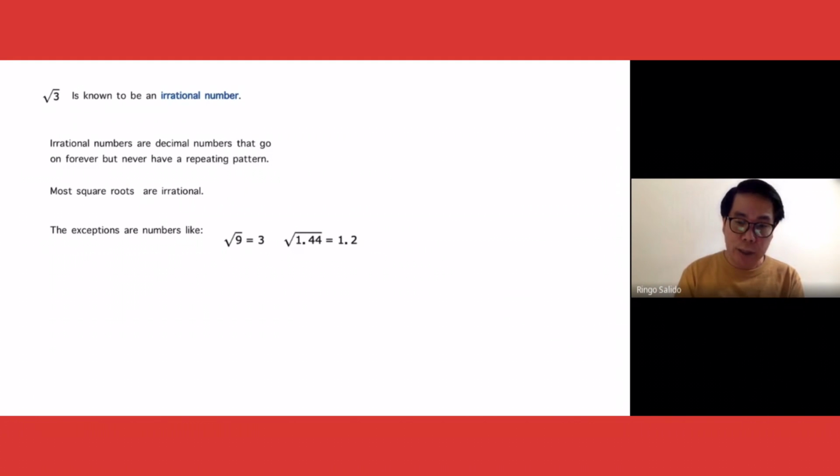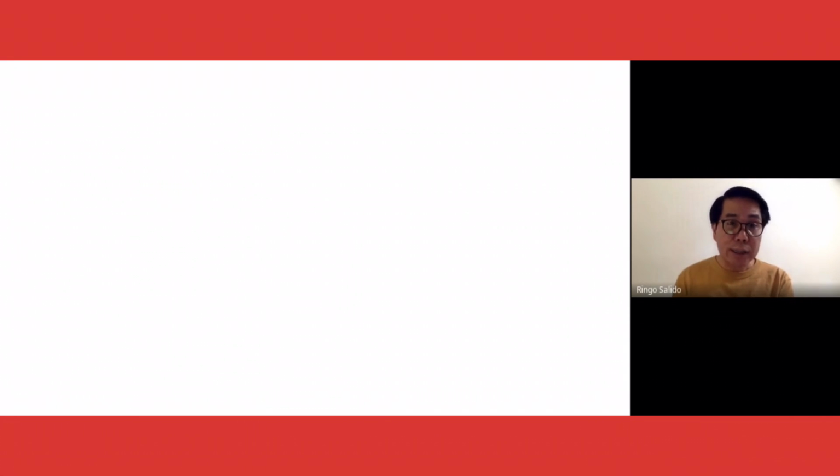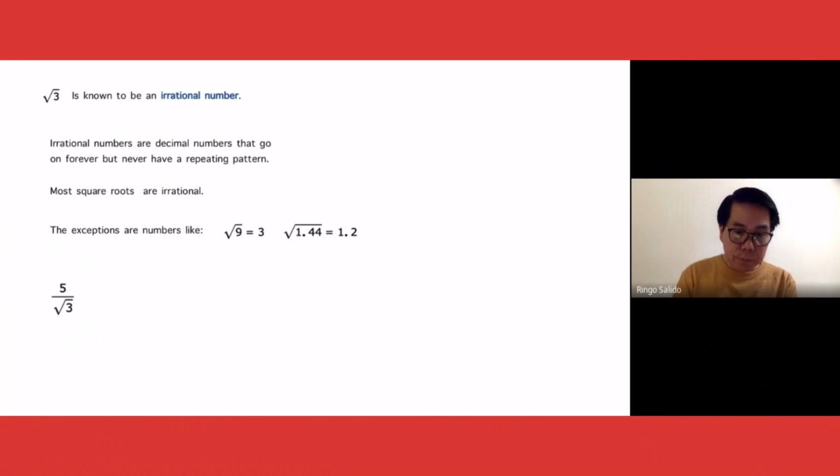These are rational numbers. Now, we can see here I have a fraction, 5 over root of 3. The denominator is a surd or irrational number.